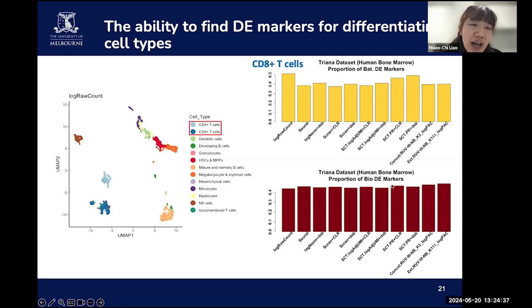On the other hand, I also checked the batch DE by focusing on CD8 T cells, and we can see that the proportion of batch DE from extended IUV3MB is lower than other alternatives. That suggests that the biological DE we found, with the higher proportion, are likely to be real.